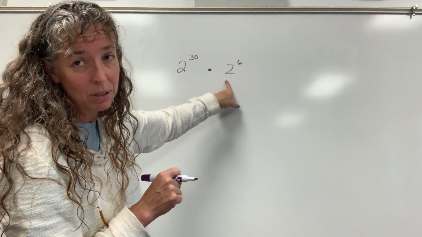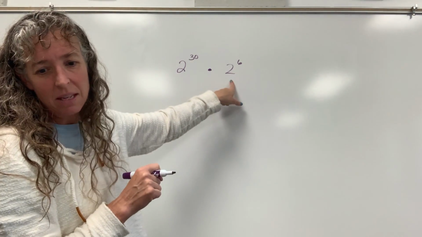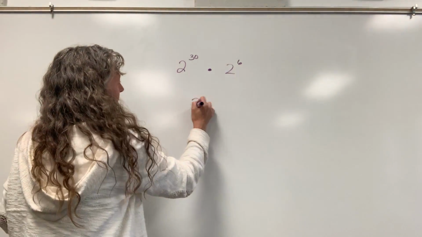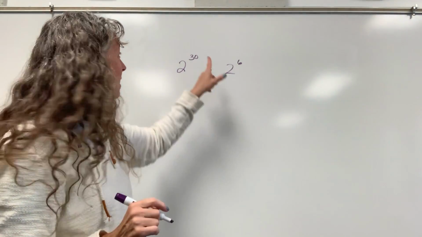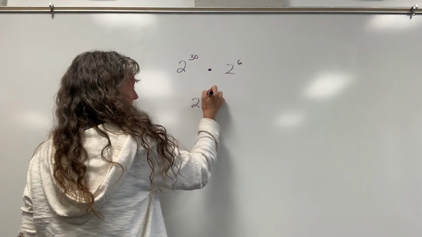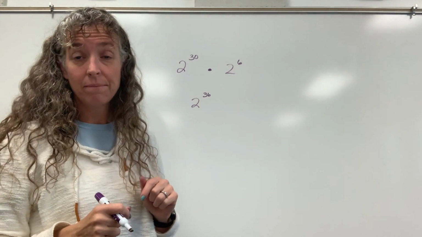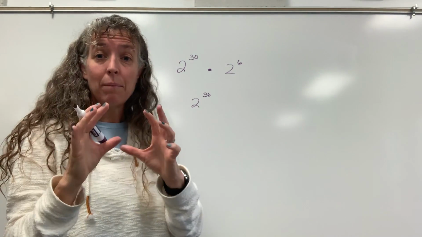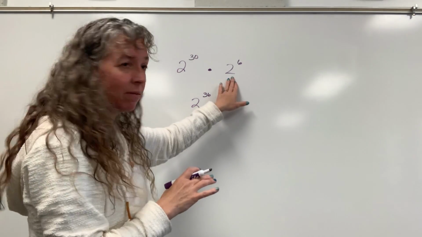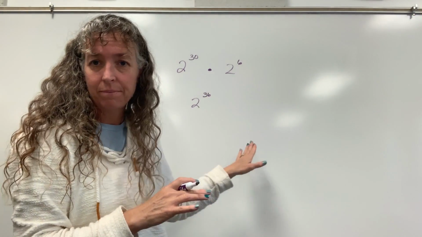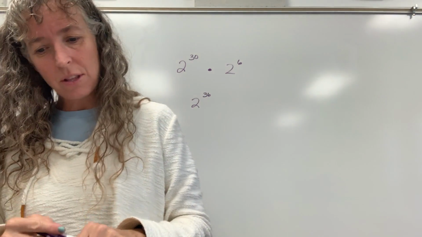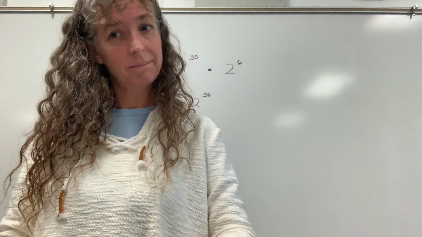This is just like example number 1. I have the same base here, right, which is 2. And when I have the same base, I can add my exponents and I'd get 36. Okay? So take the number, put it back into exponent form, and then just combine. Okay? And you get 2 to the 36, which would be B.